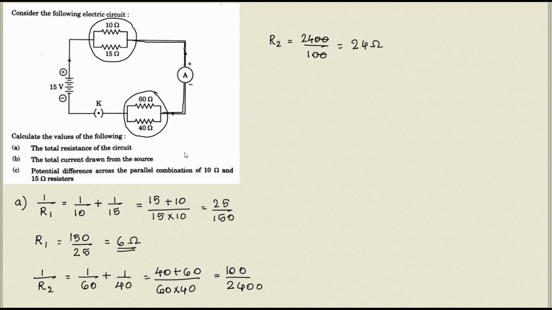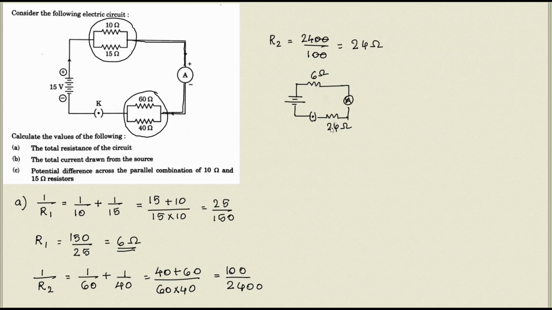Correct? Yes. So now if we replace these resistances, I am just redrawing the figure so that you will understand it easily. So with two simple resistances, one with 6 ohm resistance and the other one with 24 ohm resistance, that also gives the same effect, same resistance.